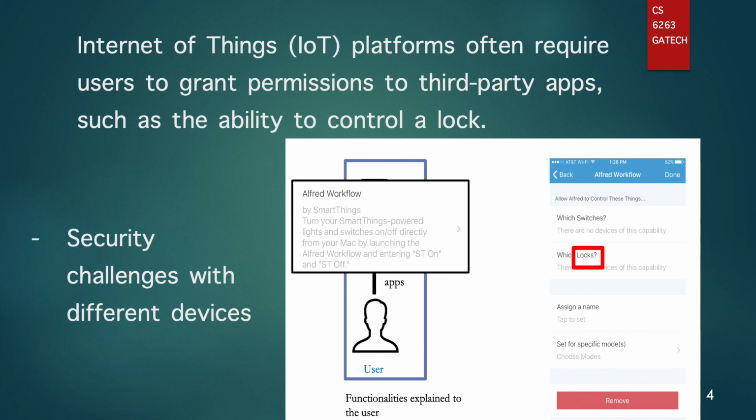The SmartAuth app particularly automatically collects security-relevant information from an IoT app description, code and annotations, and generates an authorization user interface to bridge the gap between the functionality explained to the user and the operations the app actually performs.